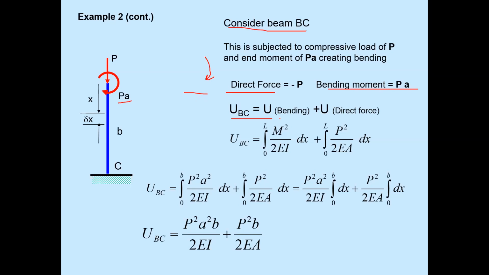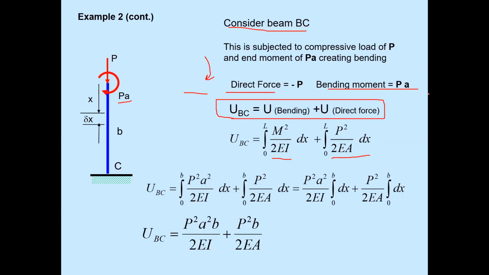So U_BC will comprise the strain energy stored due to bending and the strain energy stored due to direct force. The strain energy stored due to bending will be M squared upon 2EI into dx. We have already read this. And the strain energy stored due to direct force is P squared upon 2AE dx, from the length 0 to L. Now, what is the value of M?